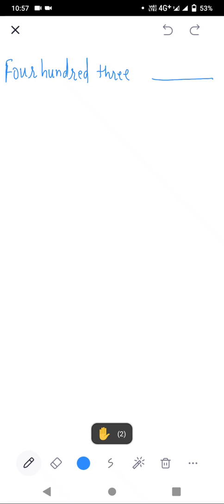Earlier we wrote number names from numbers. Now we have to change number names into number form. Here 403 is given. I told you that for writing hundreds we need 3 places: ones, tens and hundreds.